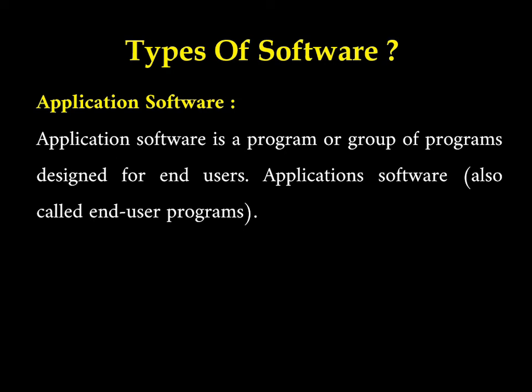What are the daily applications we use? For typing we use Microsoft Word, for calculation we use Microsoft Excel, for presentation we use PowerPoint, and for database we use Access. These come under application software. Application software is a program or group of programs designed for end users.